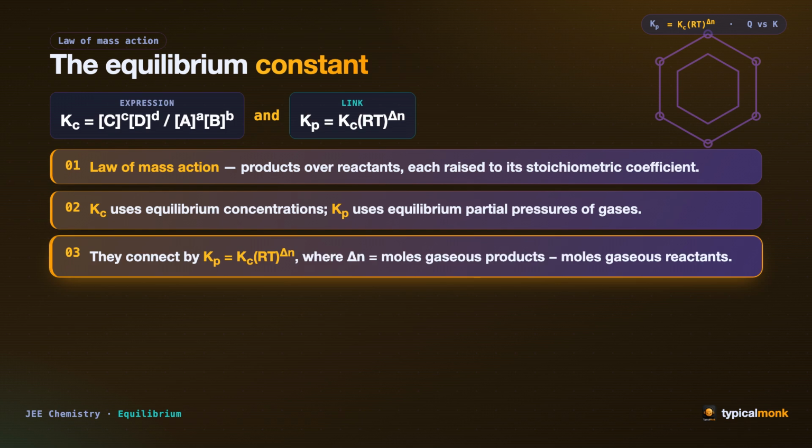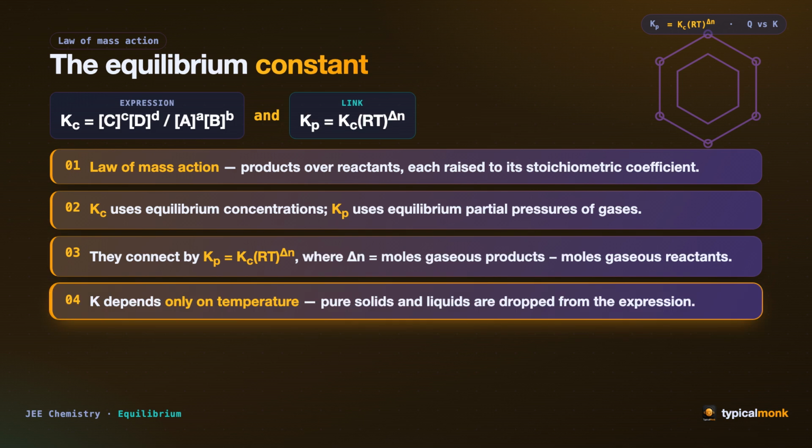Third, the two are linked by one relation. Kp equals Kc into RT raised to the power delta n, where delta n is the moles of gaseous products minus the moles of gaseous reactants. And fourth, K depends only on temperature, and pure solids or liquids are dropped out of the expression entirely.